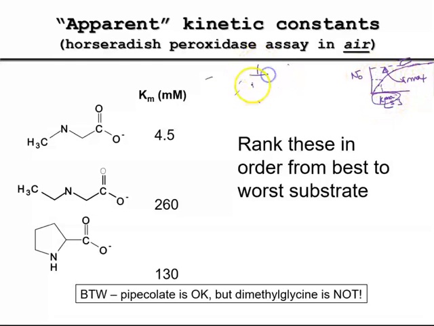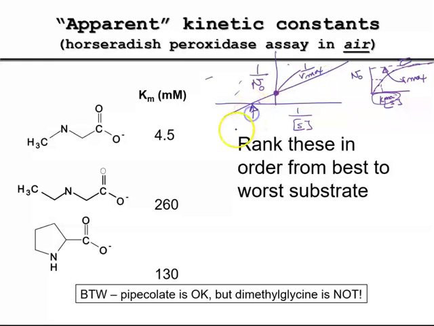If we wanted to, we could transform this data and do a Lineweaver-Burk plot where we are measuring a straight line relationship between the reciprocal of our initial velocity. And so our y-intercept is 1 over Vmax, and our x-intercept is minus 1 over Km. So we make these plots of our experimental data, and then we can measure the values that you see here. So here's Km.